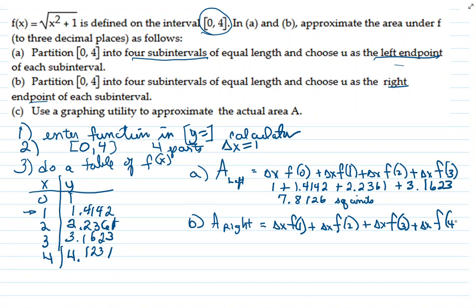This one starts at 1, so I don't have the first one. I have 1.4142 plus 2.2361 plus 3.1623 plus 4.1231.